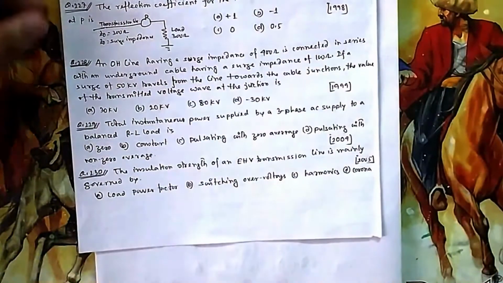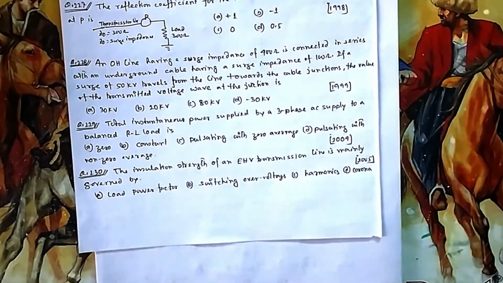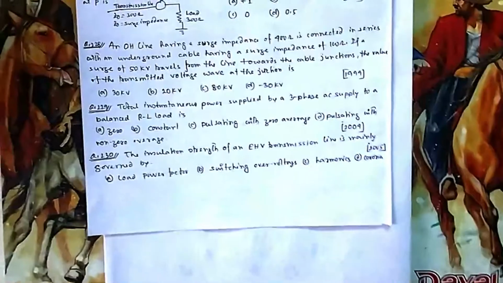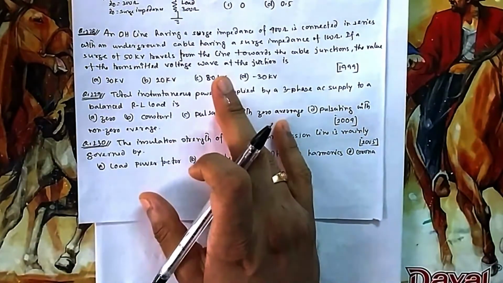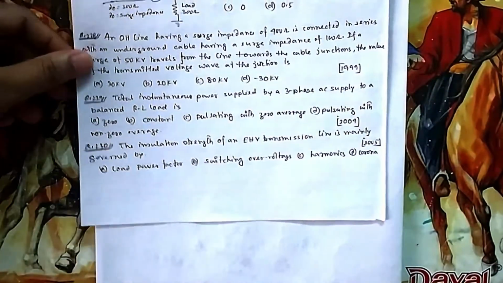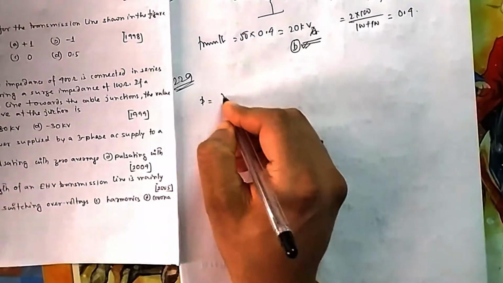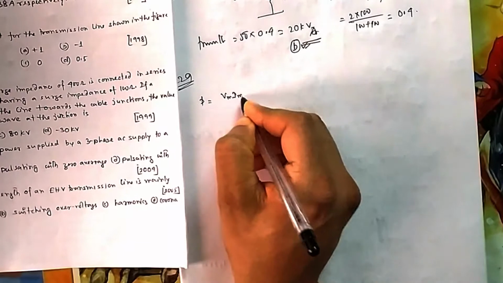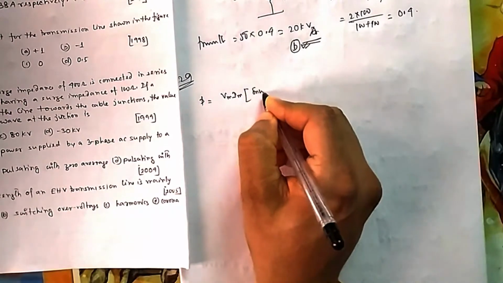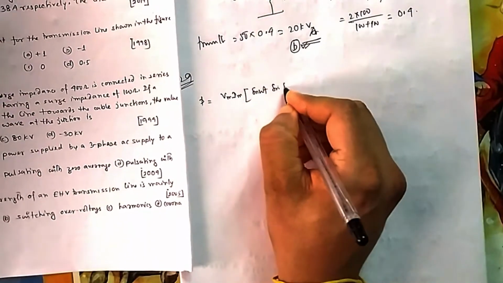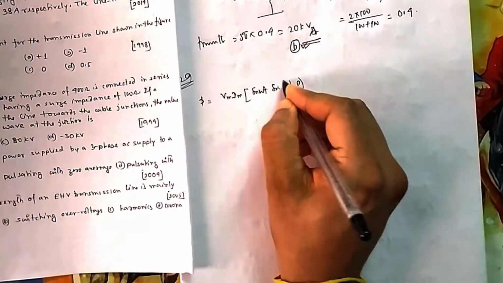Now if you come to 229, the total instantaneous power supplied by a 3-phase AC supply to a balanced RL load. I think we have discussed this one in basic electrical circuits. You take the total instantaneous power, you add all these instantaneous powers. If I take Vm Im common, then the first is Vm sin omega t and Im sin omega t minus the power factor angle theta.